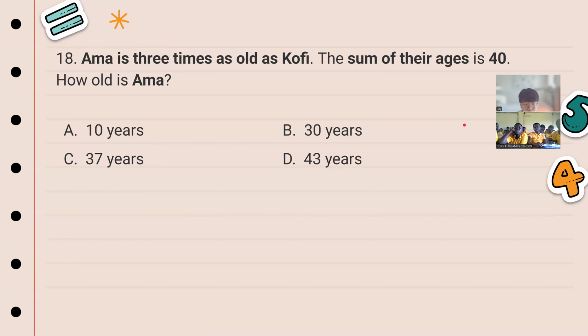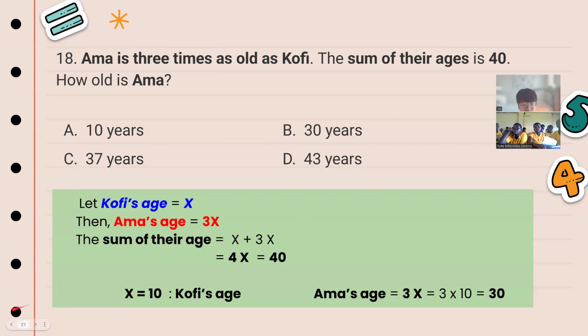I'm hearing maybe B or D. If you said B, then that is correct. But let's look at the process real quick. We know that Alma is 3 times as old as Kofi. So we can set Kofi's age as x. Then Alma's age is 3x, 3 times x.